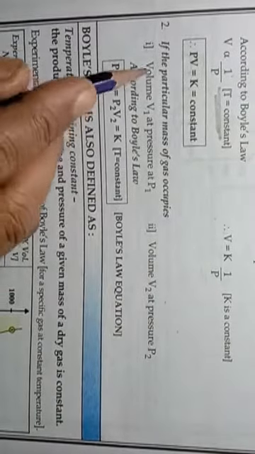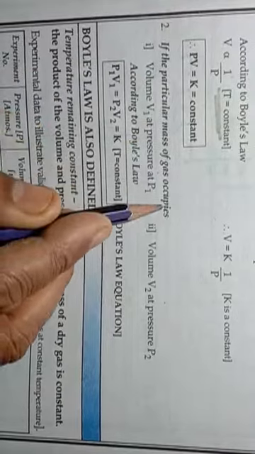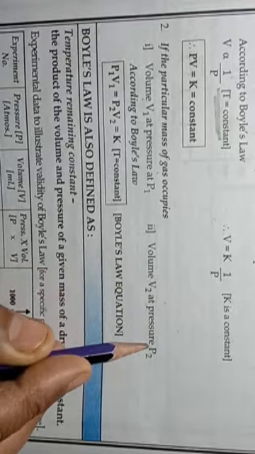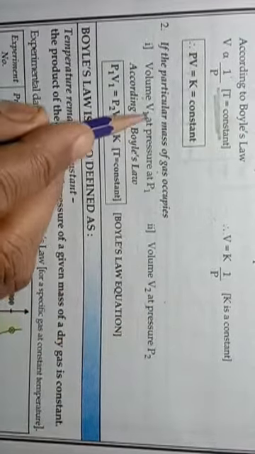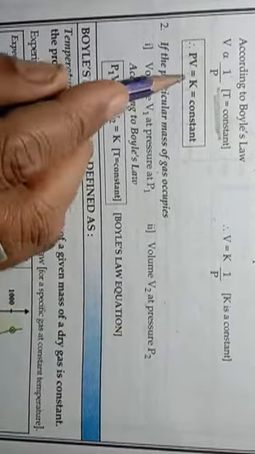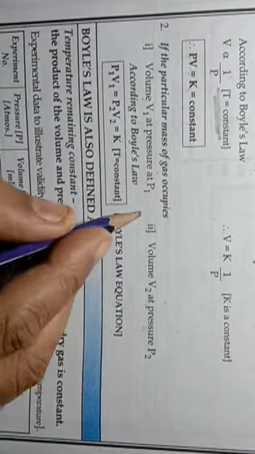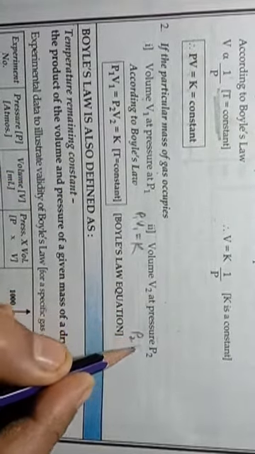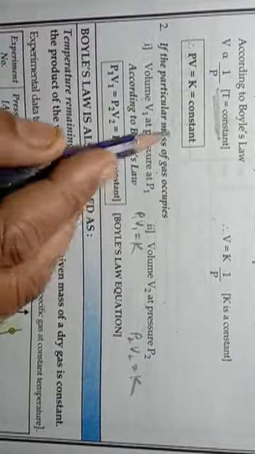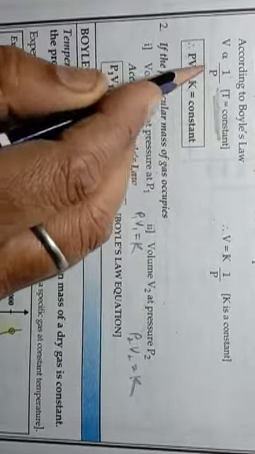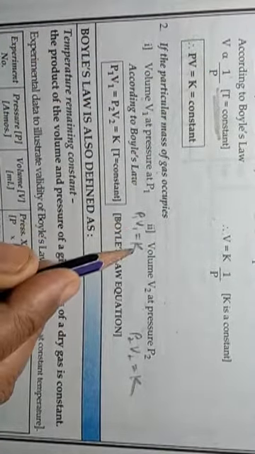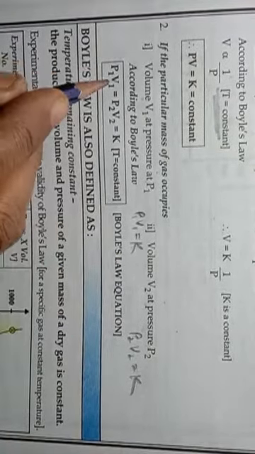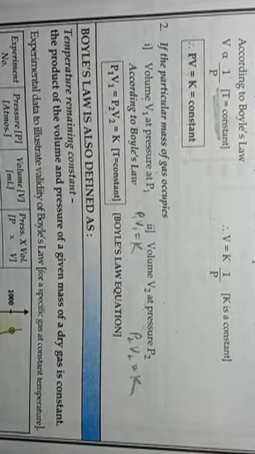If a particular mass of a gas occupies volume V1 at pressure P1 and volume V2 at pressure P2, then with the help of these two values we can draw a relation: P1 V1 equals K, and P2 V2 equals K. Here these two K's are constant, which means P1 V1 equals P2 V2.